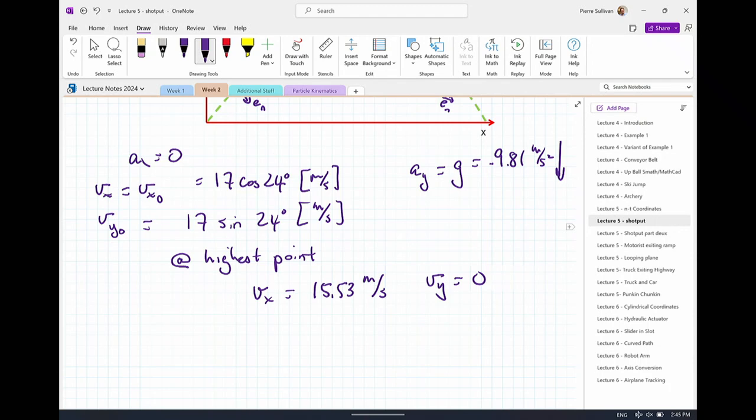And I can write Vx is equal to 15.53 meters per second. Vy at that highest point, it can't go any higher, so it has zero vertical velocity, is equal to 0.